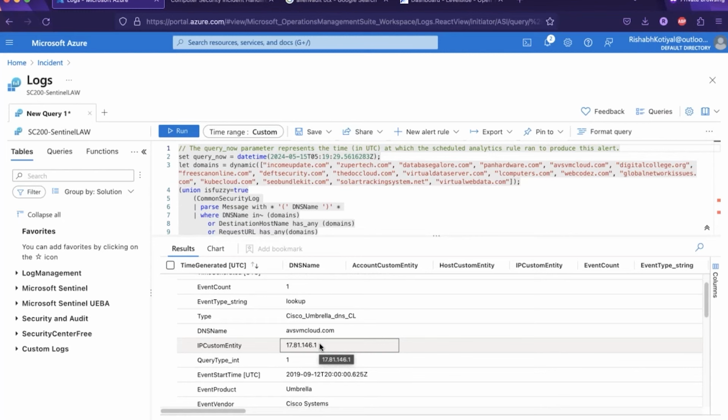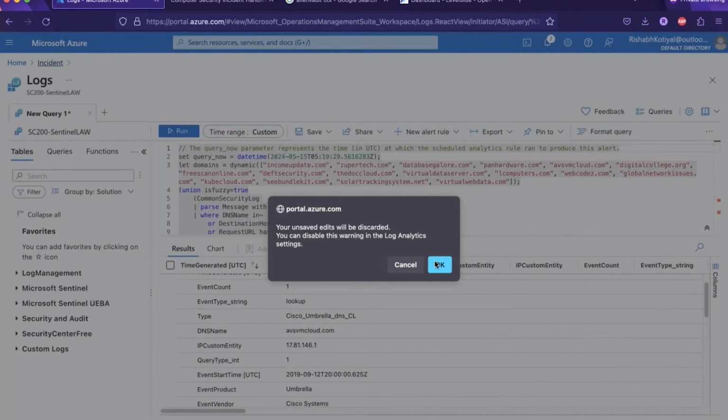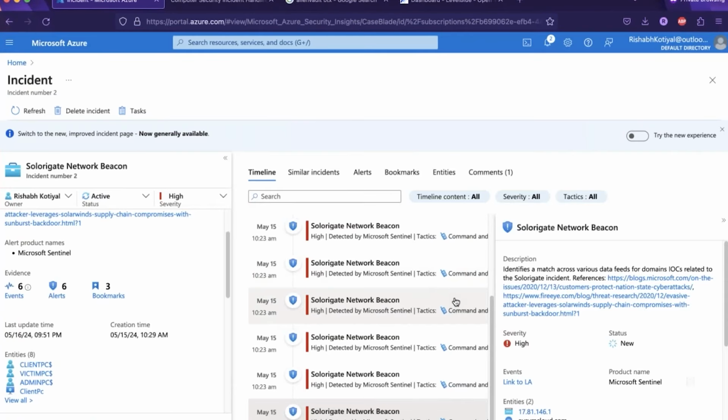Now I want to include a bit of threat hunting here. So I jumped into the part of doing threat hunting, and I was having this evidence.